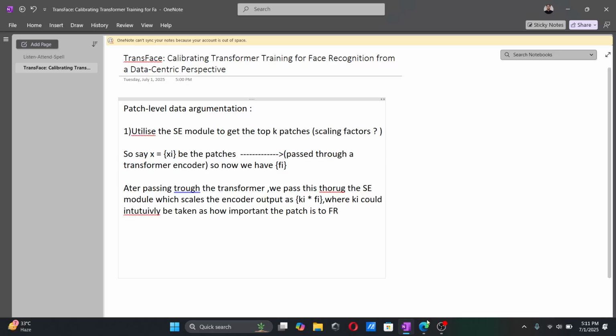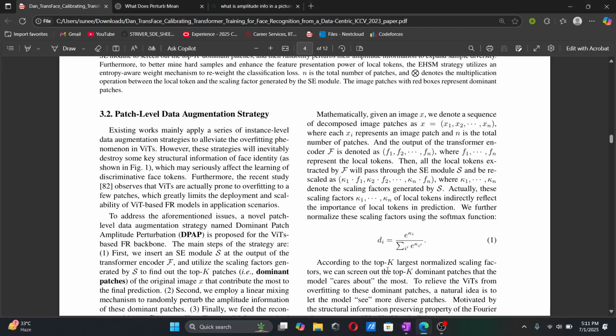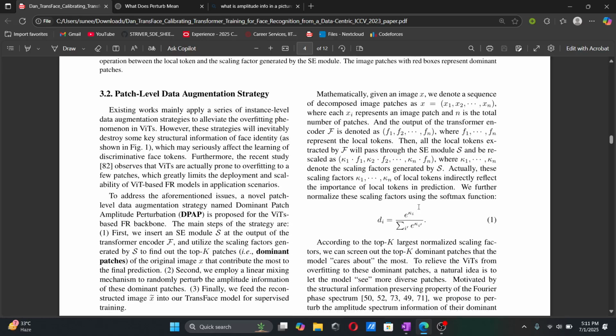FI is facial recognition, okay. Actually, yeah, that's what it is.